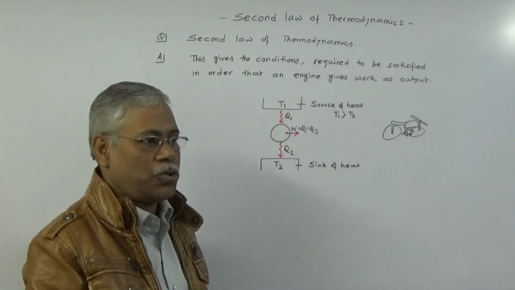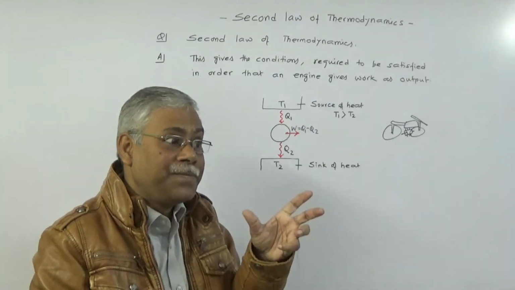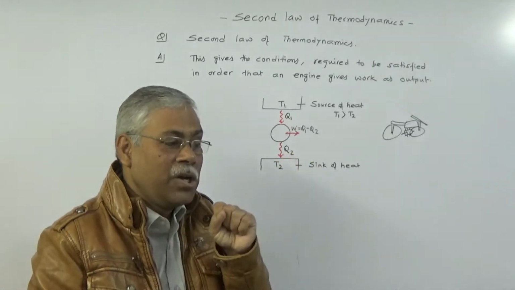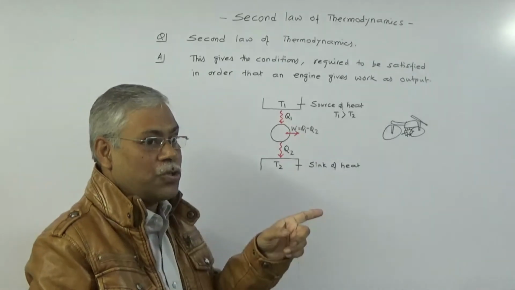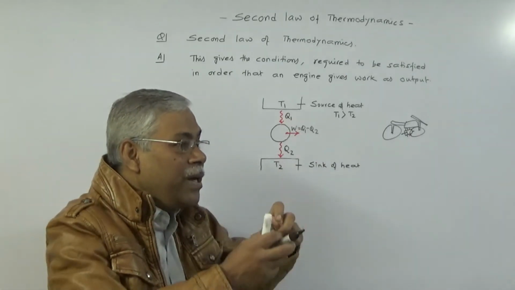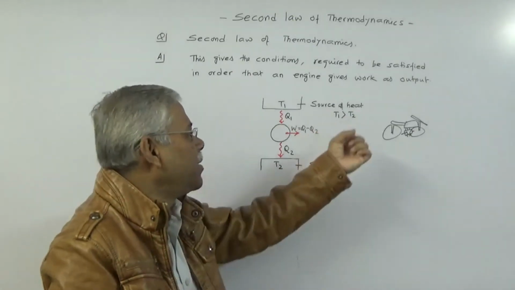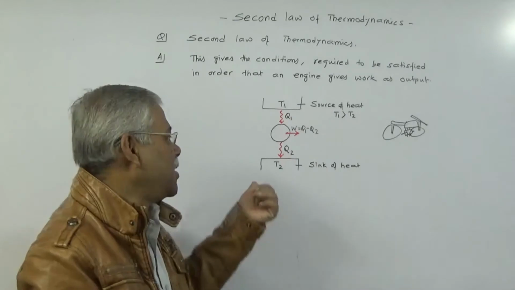What is the source? Source is obviously the exploding air and fuel mixture, which has a very large, high temperature. That is the source. Then some amount is converted into work. And what is the sink?